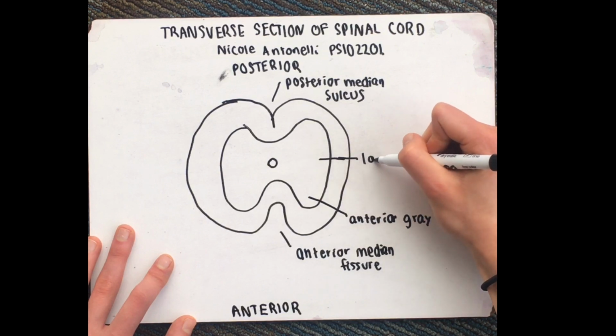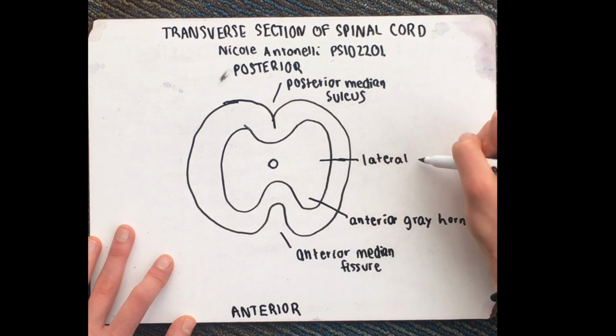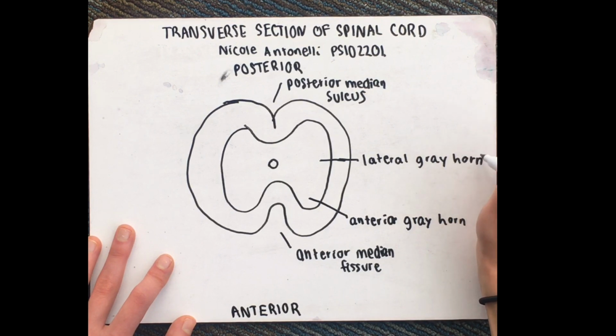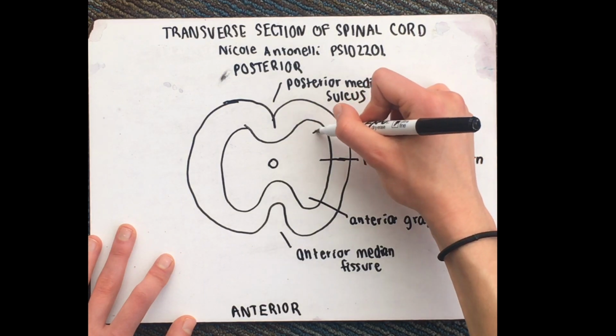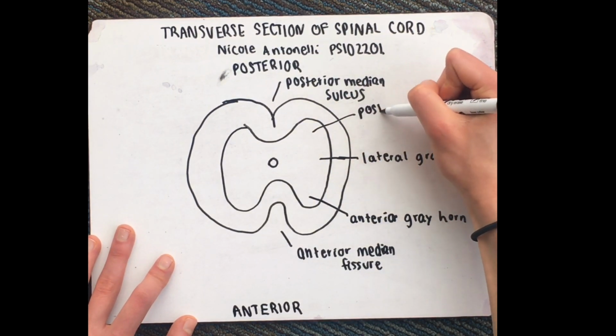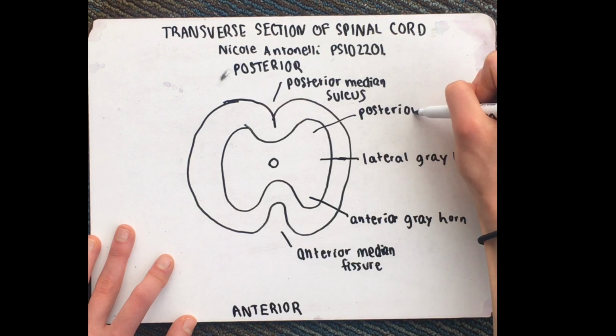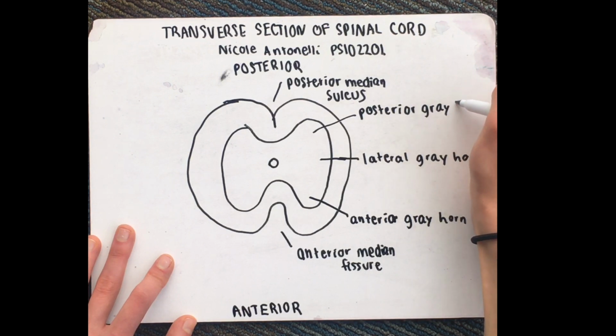The lateral gray horn contains cell bodies of autonomic motor neurons. And finally, the posterior dorsal gray horn contains neuron cell bodies that receive impulses from sensory neurons.